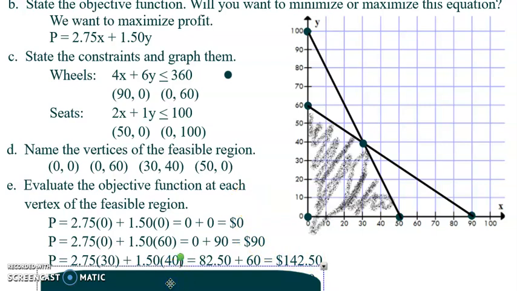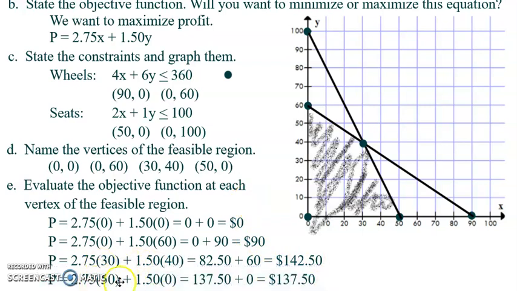And then our last vertex is if we sell 50 cars, which could end up being what gives us the most profit overall, because cars give us the most profit, but we end up being a little bit shy. And the reason that is the case is that we don't utilize all of the wheels and seats that we have available. That's what this vertex right here is representing. It is on both of our constraints with wheels and seats.